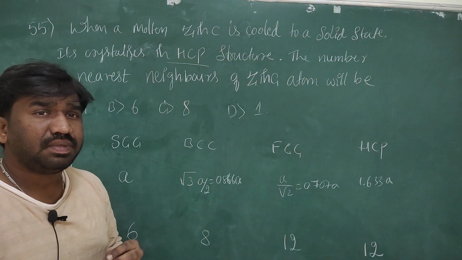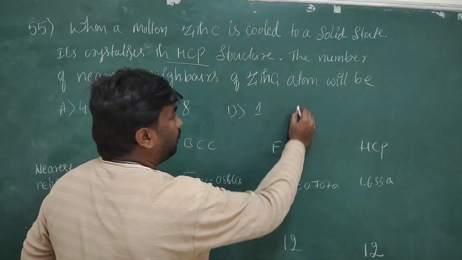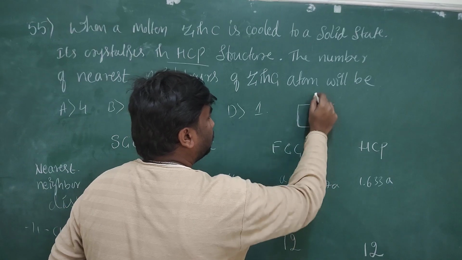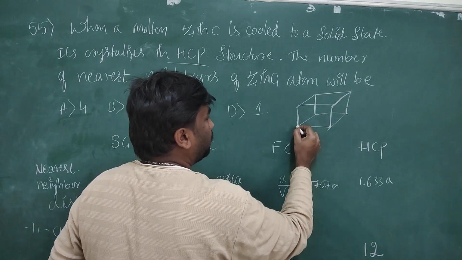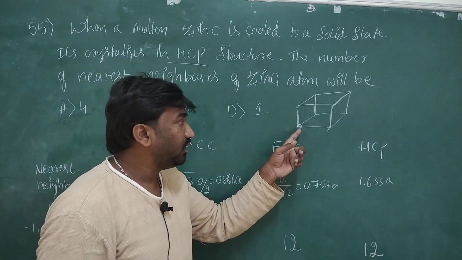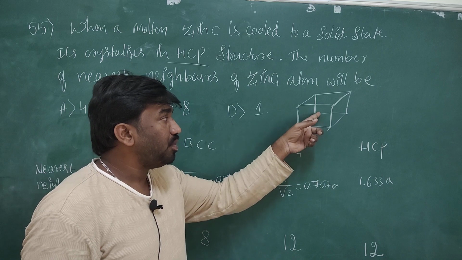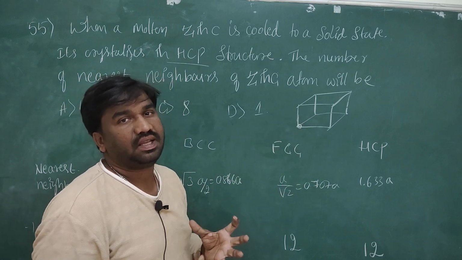Number of nearest neighbors means, if in the structure, for example, let us take a simple cubic. Suppose this is our reference lattice point. For this reference lattice point, how many nearest lattice points will be there?